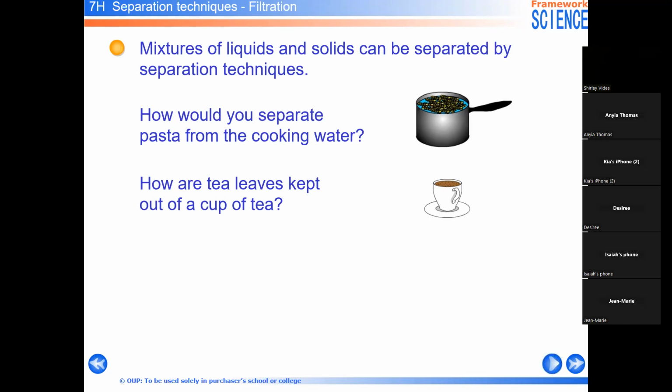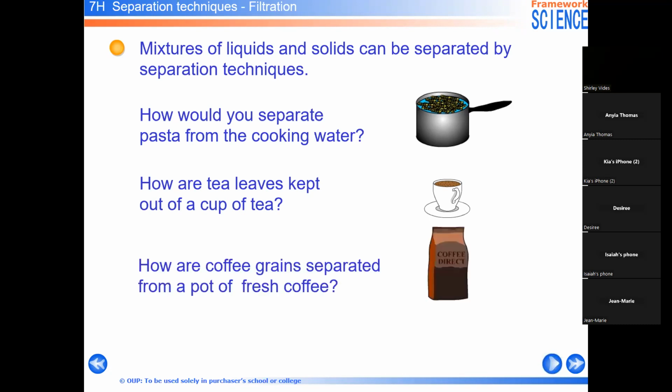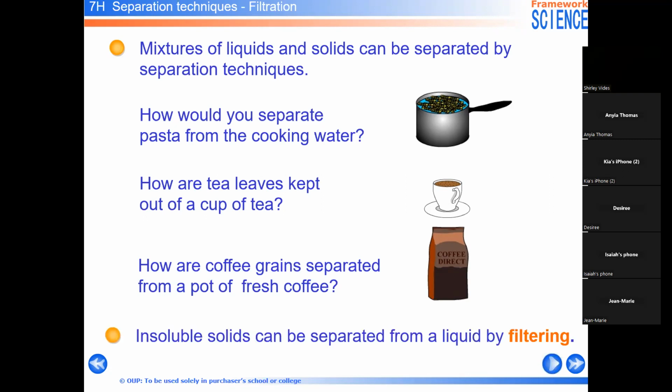Usually they're in a bag, so they're encased in something. And how do you keep coffee grounds out of a fresh pot of coffee? You have to use a filter. Believe it or not, the actual word for all of these techniques is filtration. Any insoluble particle, that means the ones that don't dissolve, can be separated from a liquid by filtration, or if you want to use the verb, filtering.